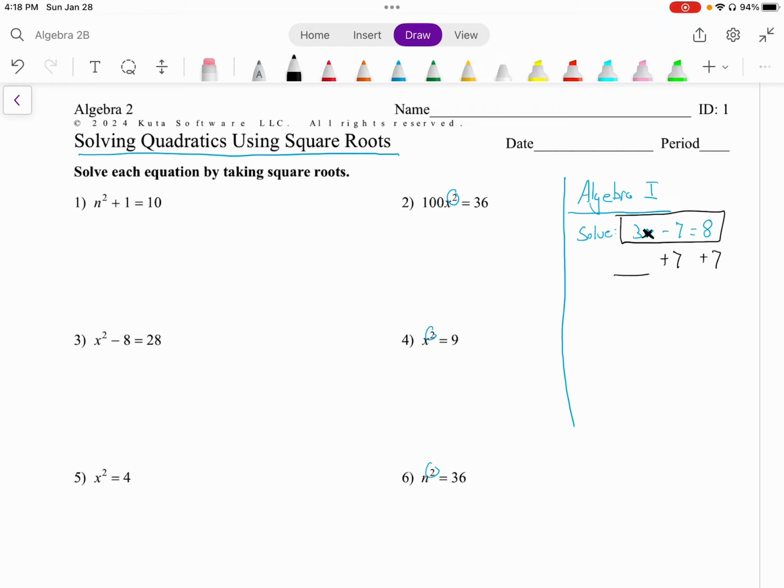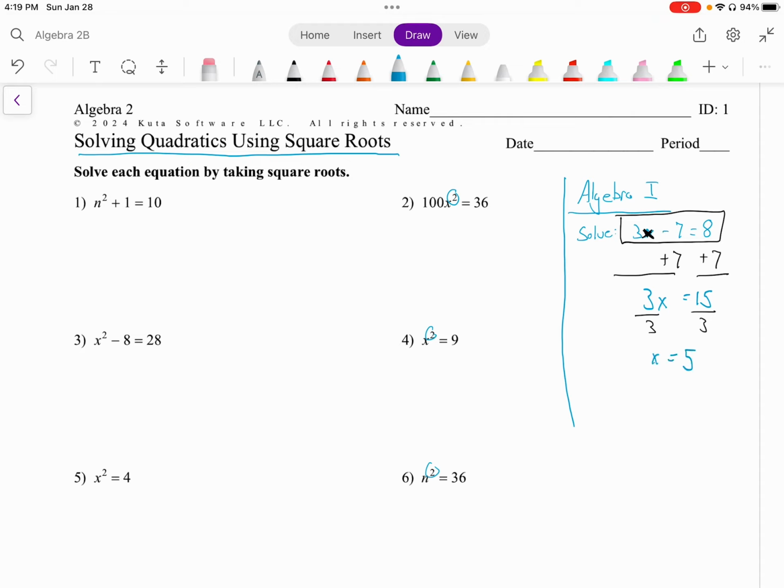That gives us 3x equals 15. Now it's 3 times x equals 15. How do we undo multiplication? We divide both sides by 3, and we get x equals 5.